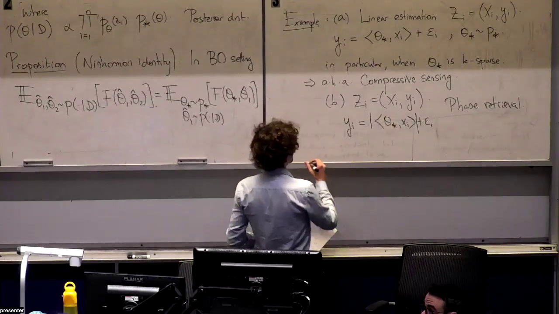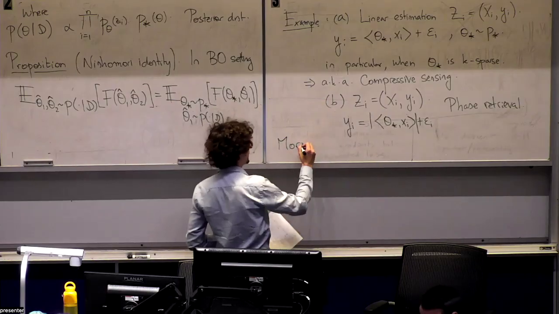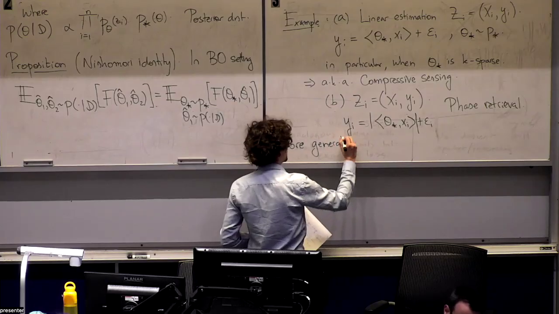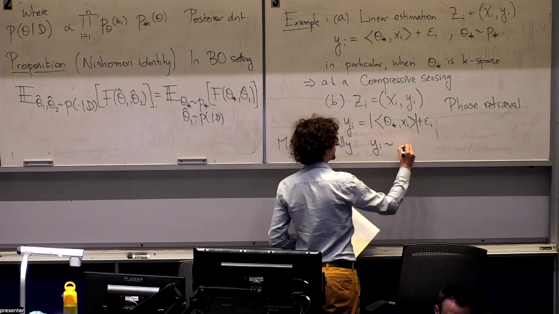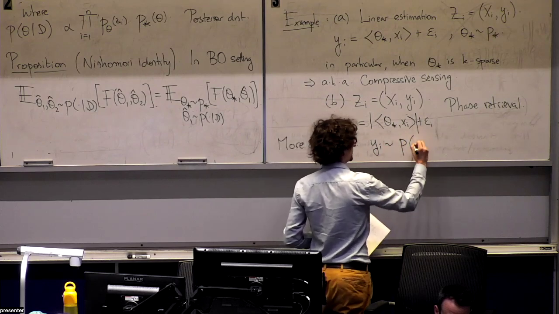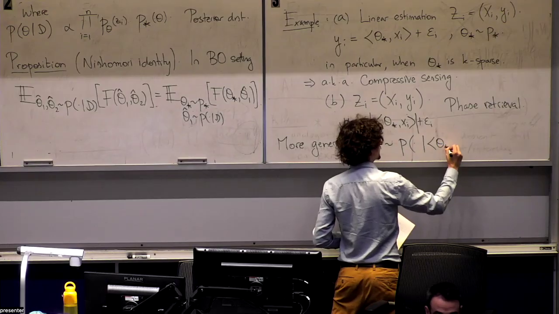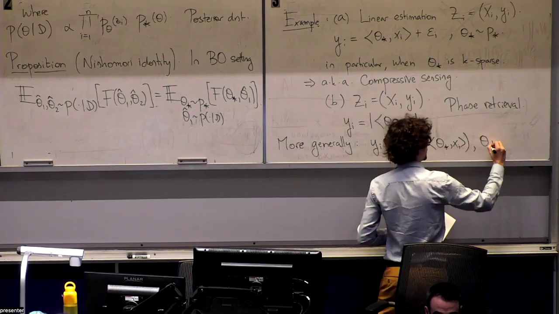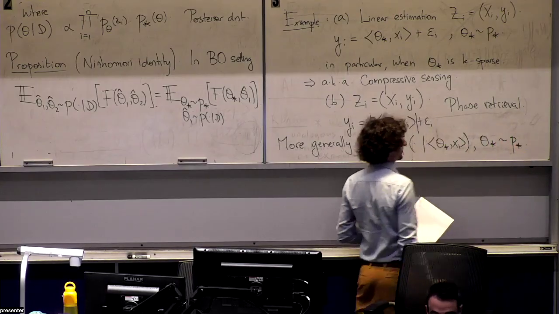Finally, I just want to introduce a more general problem that covers these two examples. More generally, you can think that your y is sampled from some likelihood, P, that only depends on the projection of x in some direction, and this theta star is a sample from some P of theta star.